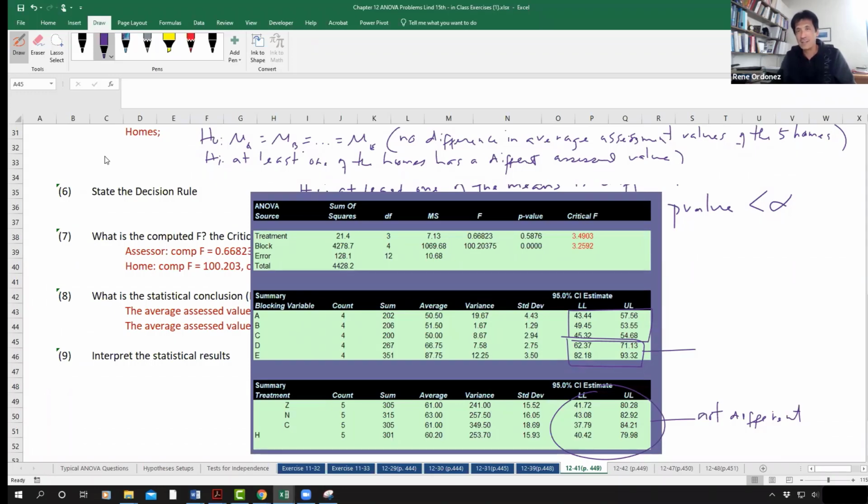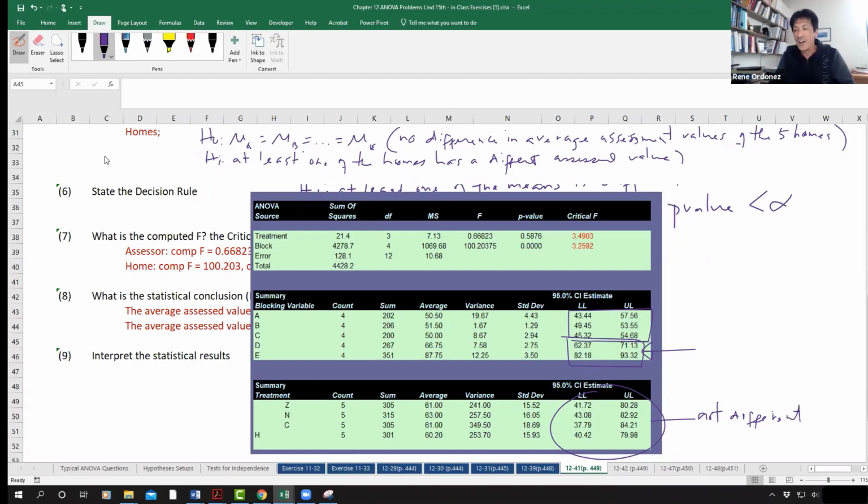Does that make sense, though? At least why these two homes are valued differently. No, because maybe these two homes have different characteristics than A, B, and C. All right. So it may make sense for them to have an average assessed value.